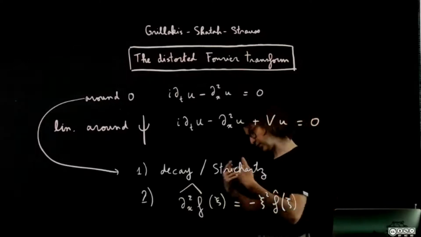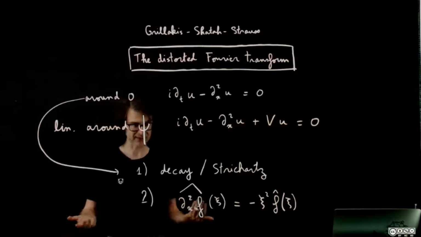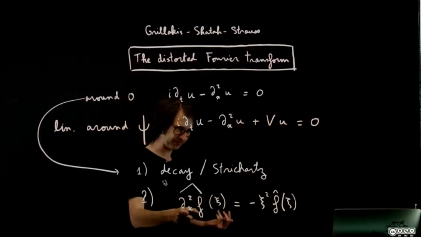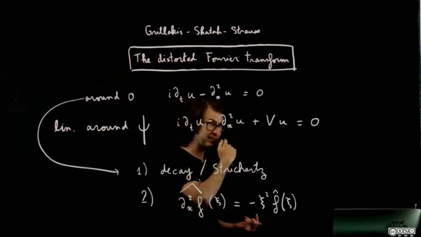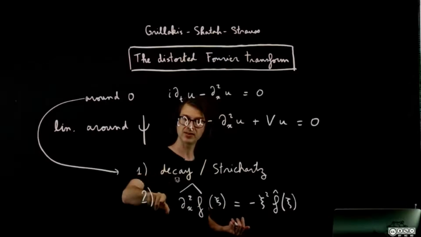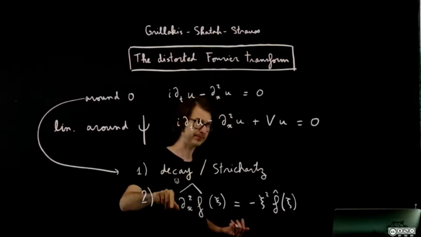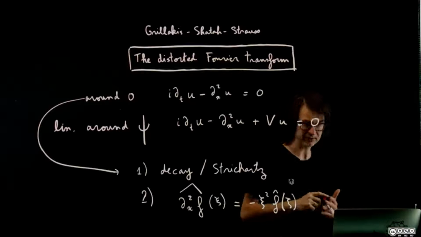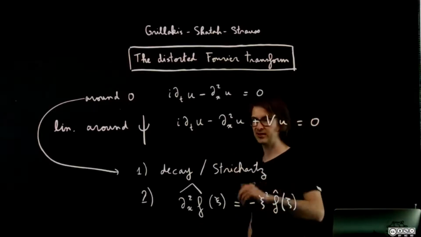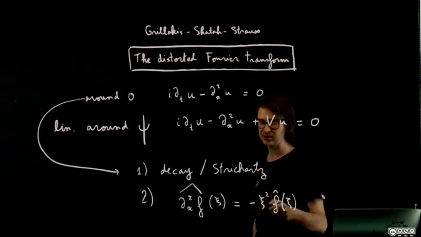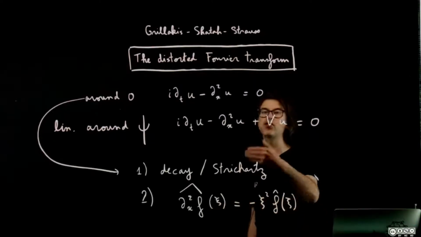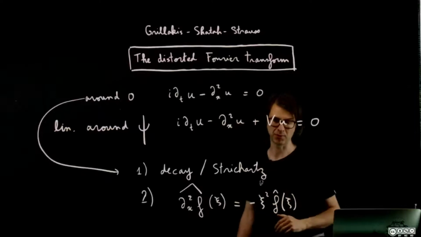Taking the Fourier transform provides a basis in which the Laplacian operator is diagonal. And so we'd like to get these same two elements, decay or Strichartz estimates on the one hand, and a diagonal basis on the other, for this new linear problem.